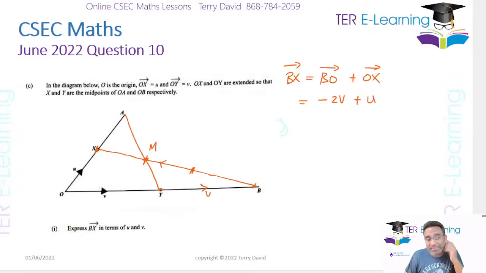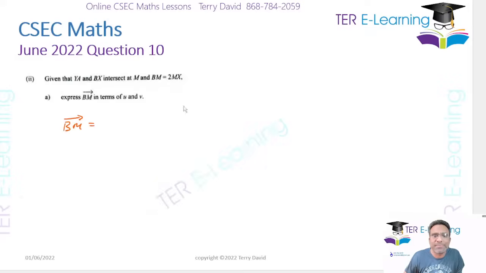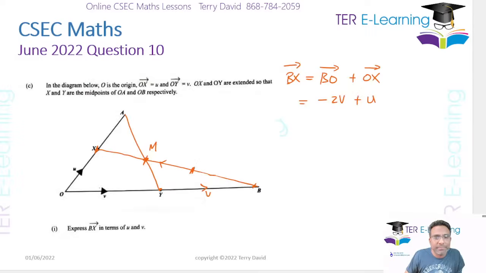Let's go to the diagram. So BM, okay, so you know BX already. BX is minus 2V plus U. So let's write down this ratio first of all. BM is equal to 2MX, so what that means is that BM is actually 2/3 of BX.